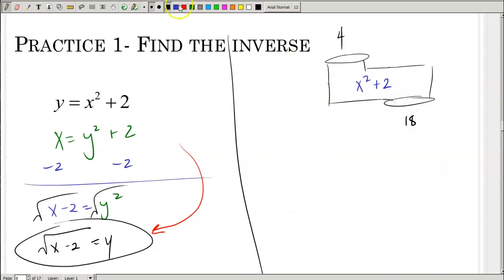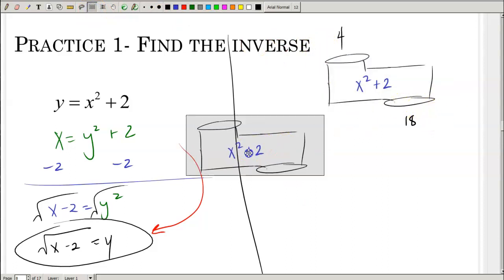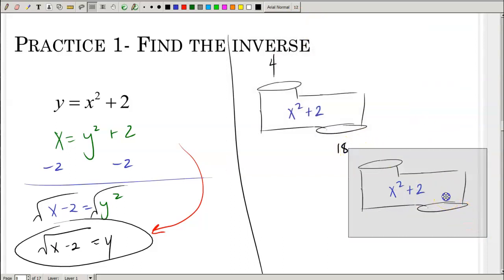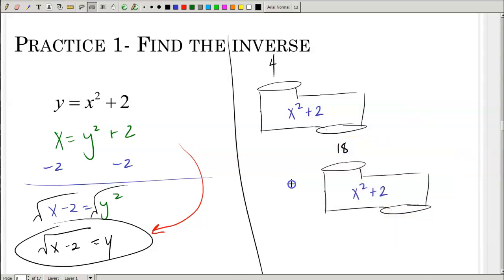Now we've stated that the inverse of that is what we just wrote down, which is the square root of x minus 2, right? If this is truly the inverse, then if I take my output, I plugged in 4 and got 18, and hit the undo button, plugging in 18 should give us back the original input.